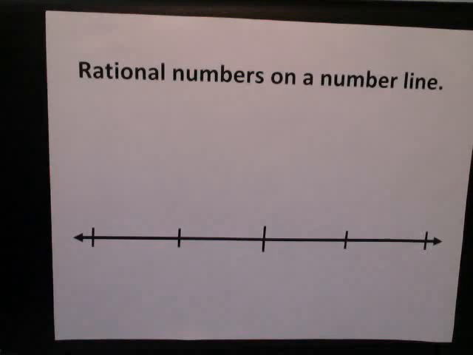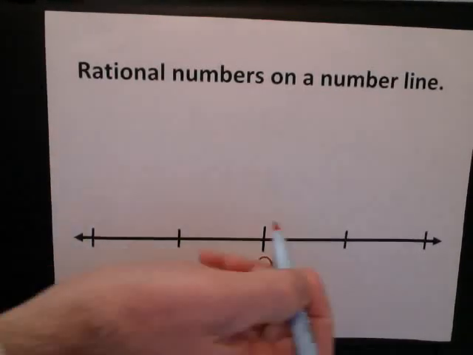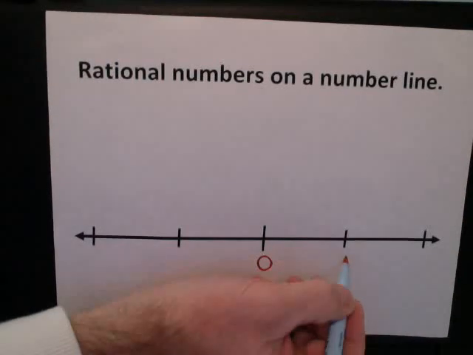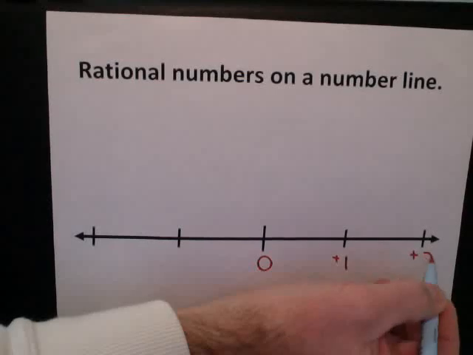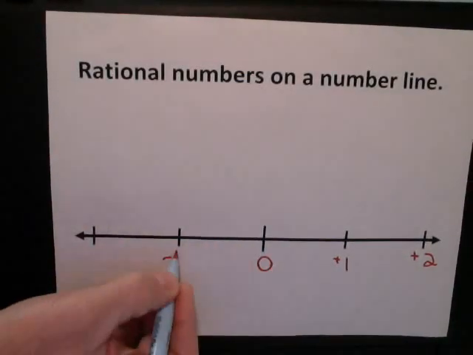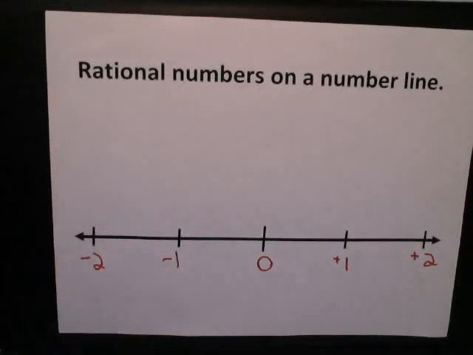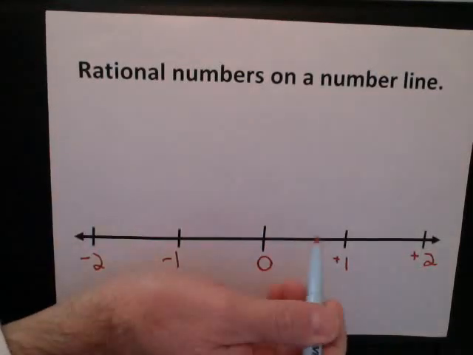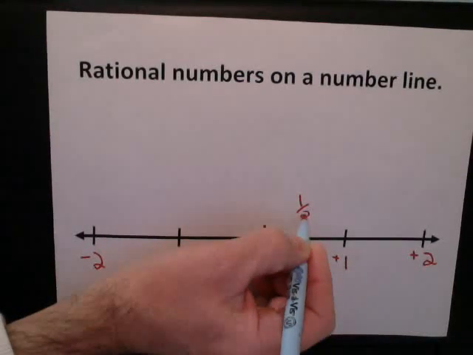Okay? Now, if we were to say that this is 0 and this is 1 whole unit, this would be positive 1. This would be positive 2. Of course, then this unit would be negative 1, and this would be negative 2. Then when we look at it, we say, well, certainly in between 0 and 1, you would have 1/2.